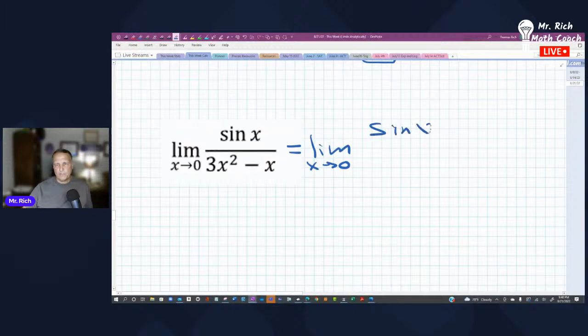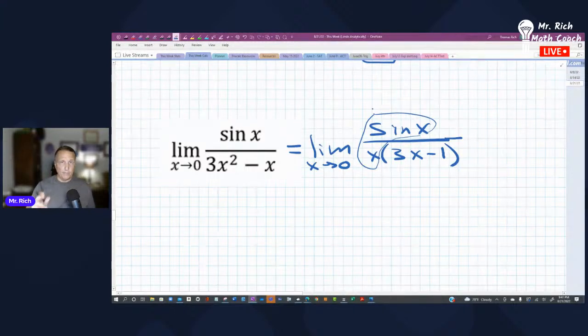So this becomes sine x. I pull the x out, I get 3x minus 1. There we go. Now, see, this part right here is what I like, sine x over x, because I do know what the limit is of that as x approaches 0. And as I said, we can split limits out by multiplication or addition or subtraction or division.